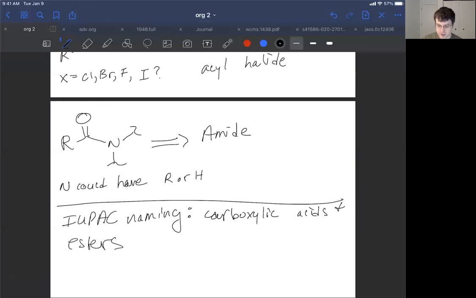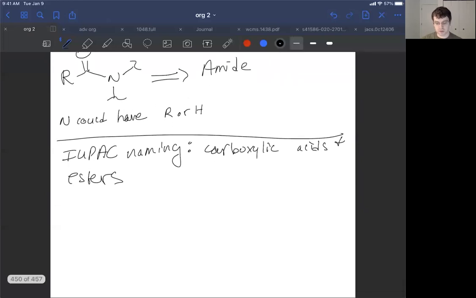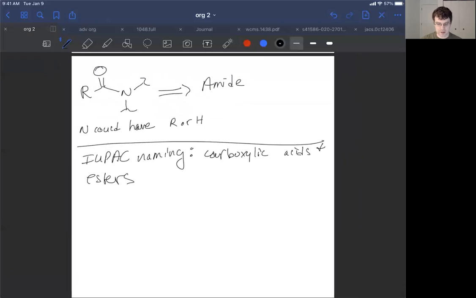We could certainly spend a lot of time talking about all of the carboxylic acid derivatives, but I just want to focus on the carboxylic acids and the esters. So that's what we're going to go through, and then we're going to call that good for nomenclature on carboxylic acids and their derivatives.